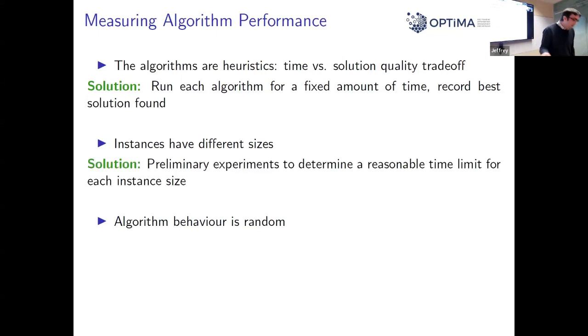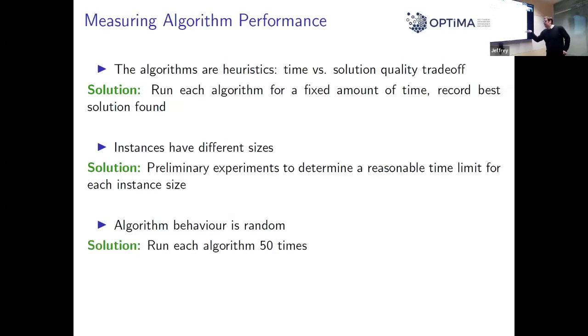We solve that by running some preliminary experiments, giving the algorithms plenty of time, seeing at what point their progress slows down, and then based on that, defining a reasonable function mapping problem size to how long we're going to give the algorithms to solve them. And then, these are heuristics, so their behavior is random to some extent. Some experimentation showed that running each algorithm 50 times gave us a pretty reliable idea of which one was better or if they were functionally performing very similarly.